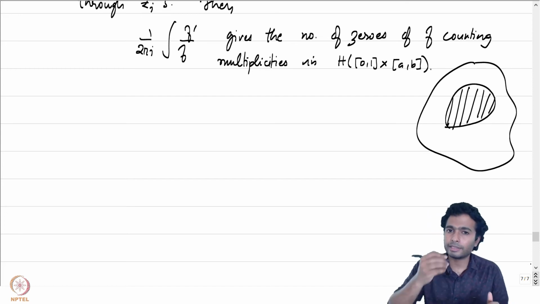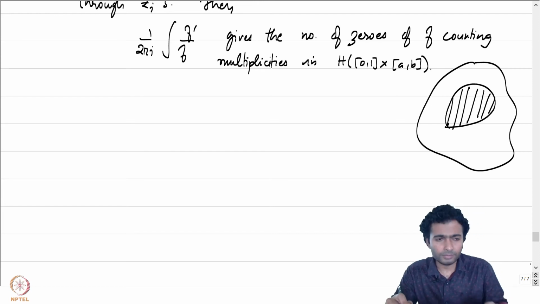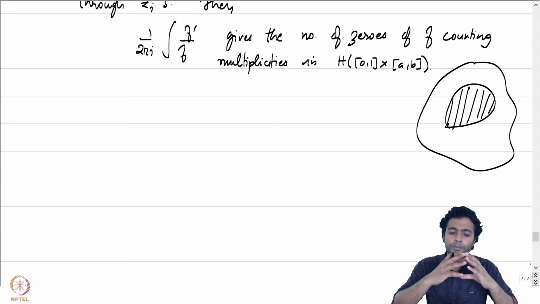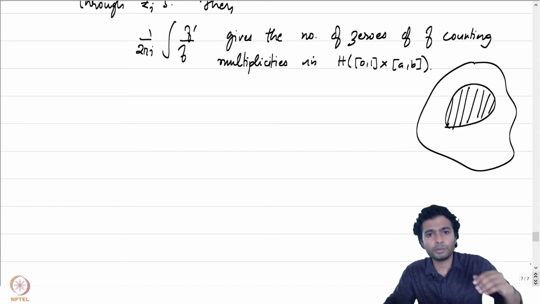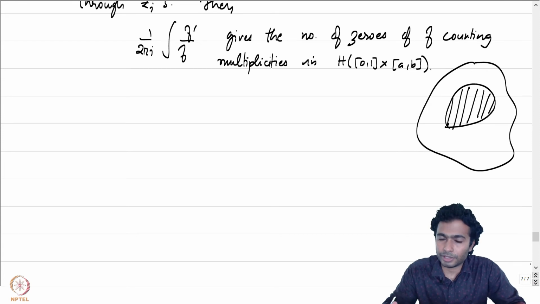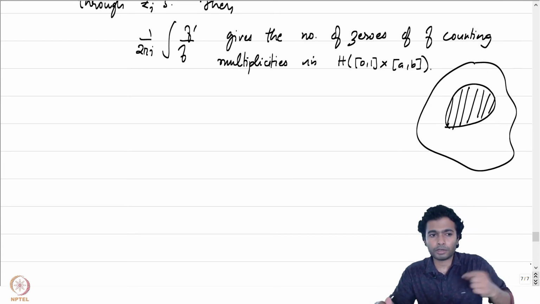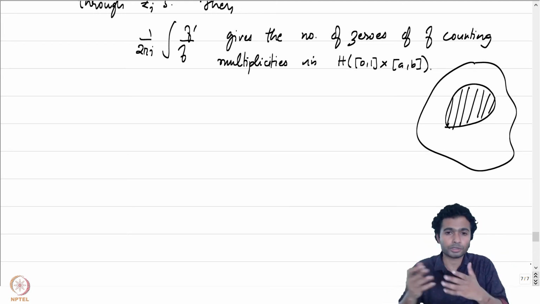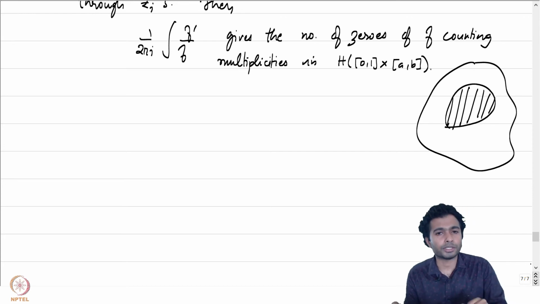But before that, let me also state one theorem regarding the stability of zeros. Cauchy's theorem tells us that if you perturb our gamma to any other homotopic curve, then the integral is going to be the same, and therefore the number of zeros of any function is not going to change. Number of zeros and number of poles, the difference is not going to change. Similar is the case with functions f.